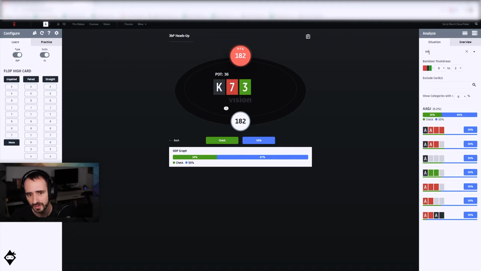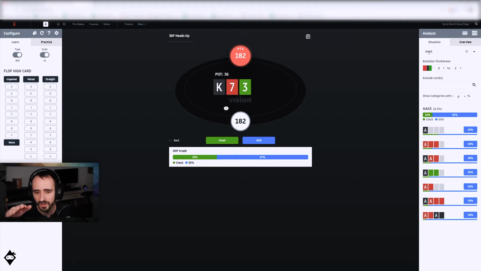It looks like we're kind of in between. That doesn't help us bet too much. So it's more about the high pair plus backdoor, the backdoor flush draws, and gut shots will help us bet quite often.